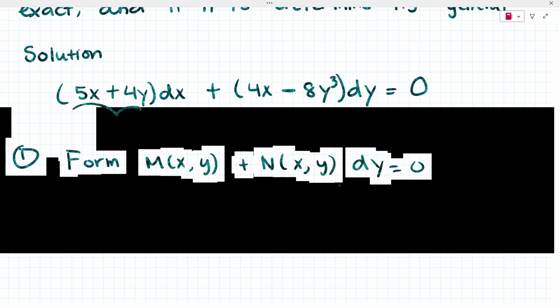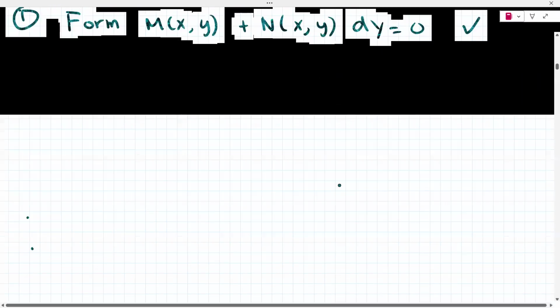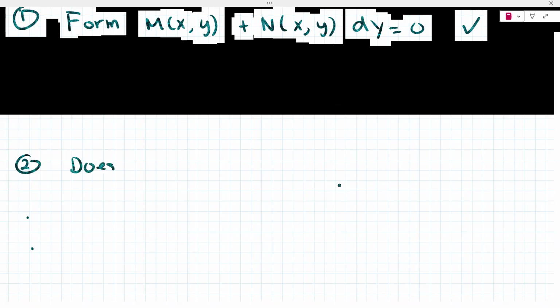This whole thing is your M. This whole thing is your N. So yes, it does check out. We are in an exact form. So step 2, determine does My equal Nx.